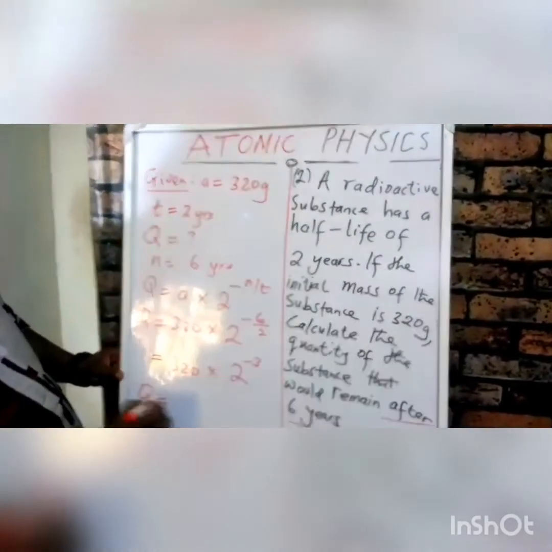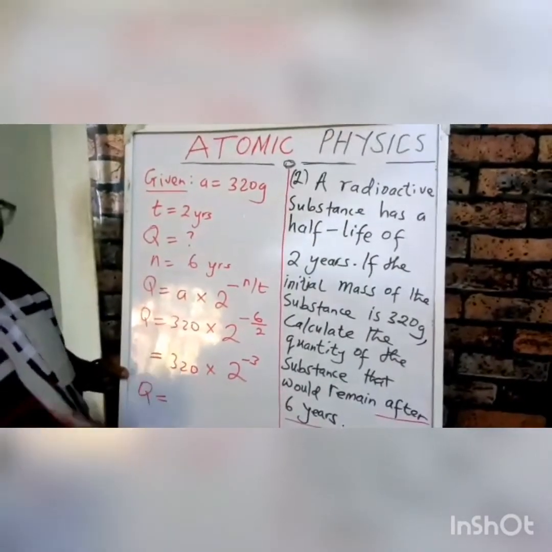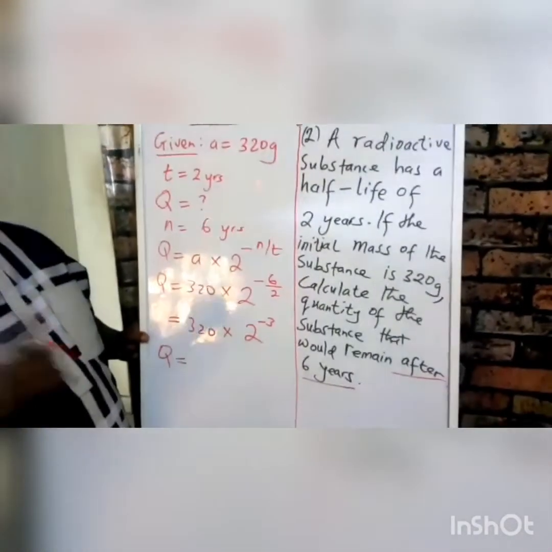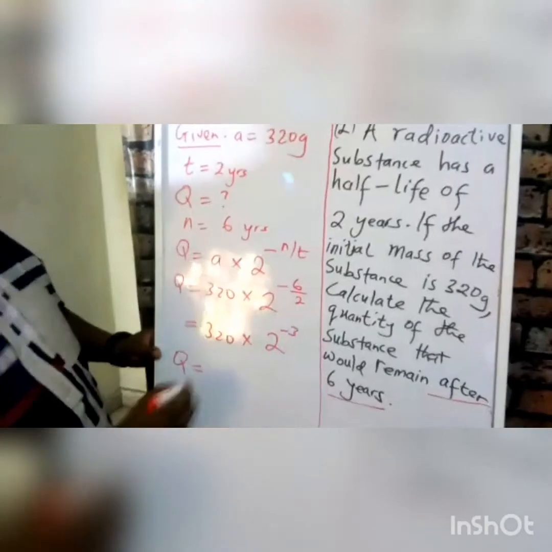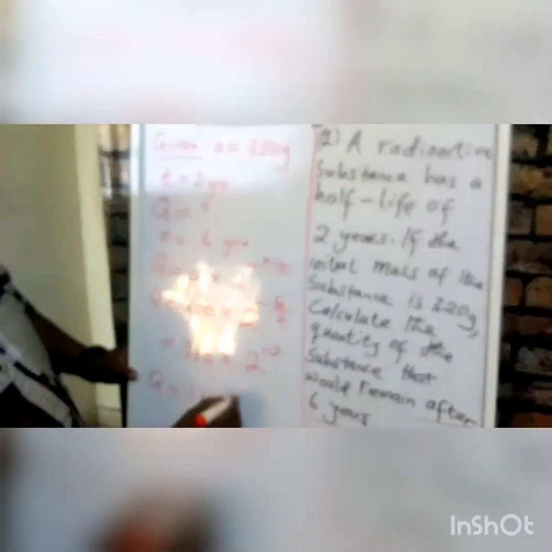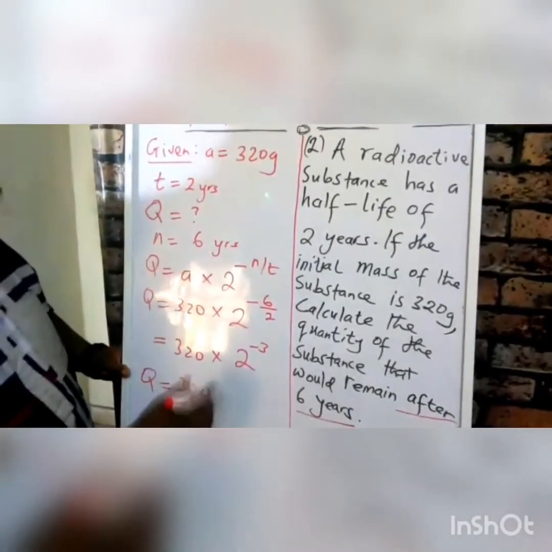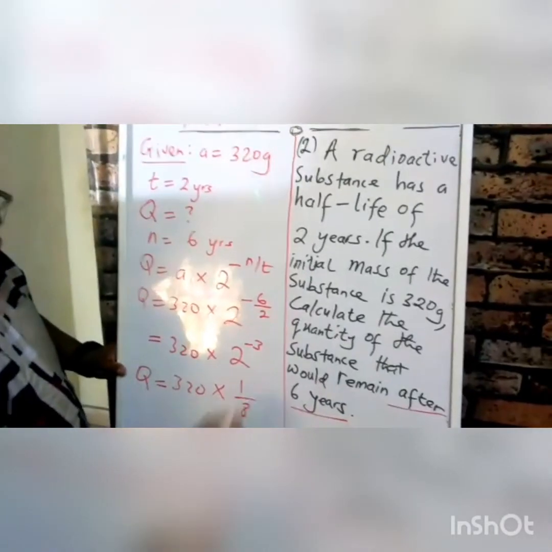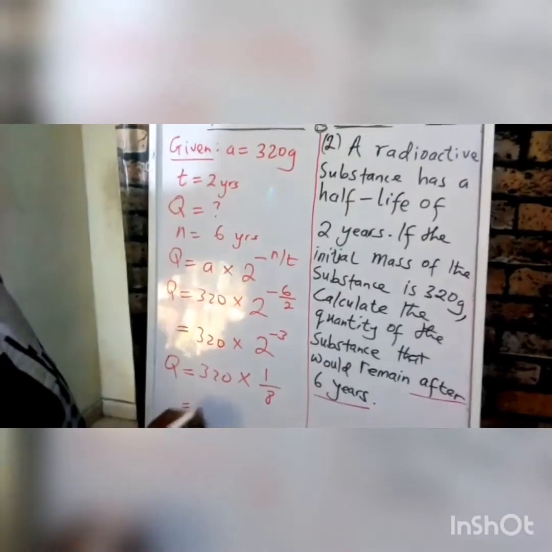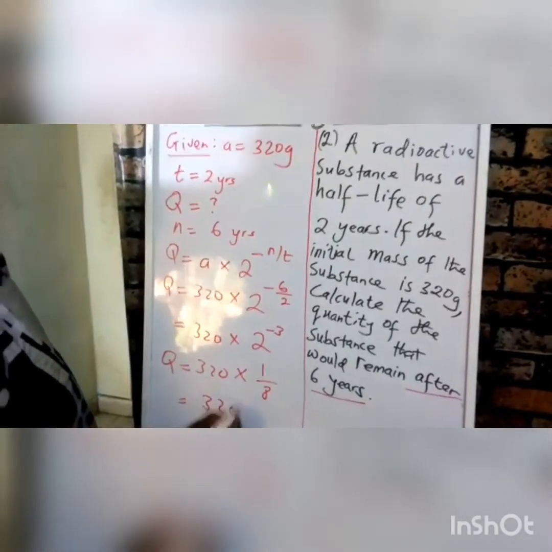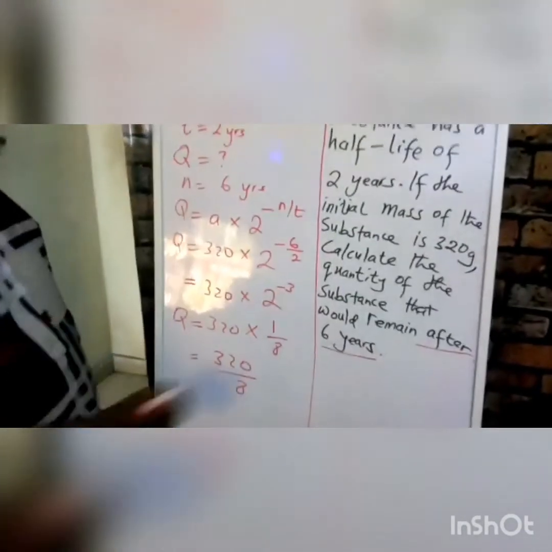I told you to get familiar with the common fractions like 1 over 2, 1 over 4. 2 raised to the power minus 3 is actually 1 over 8. And so we now have 320 divided by 8.